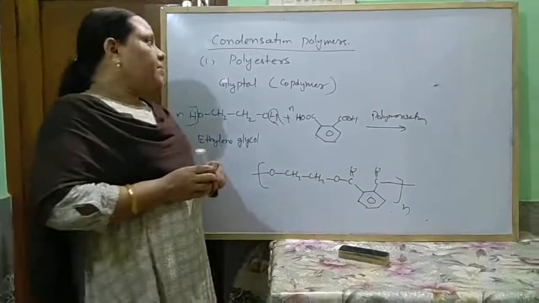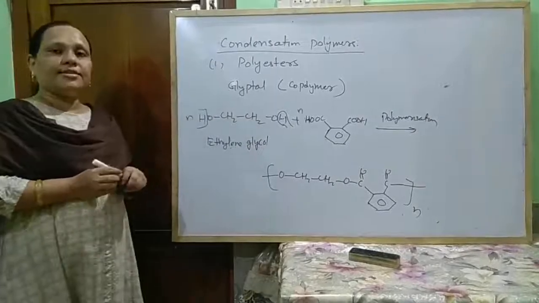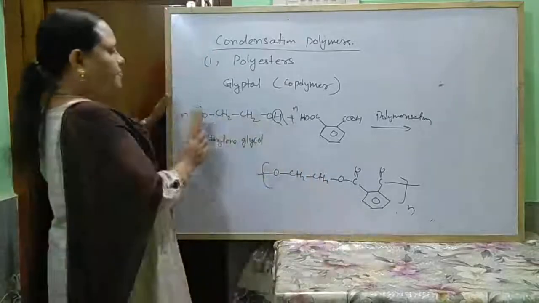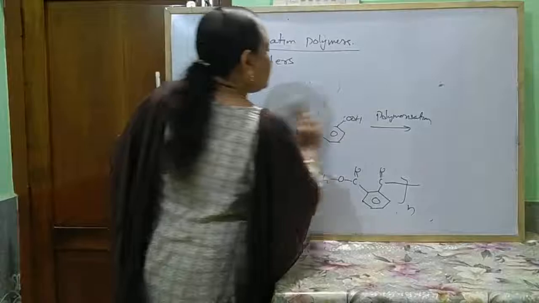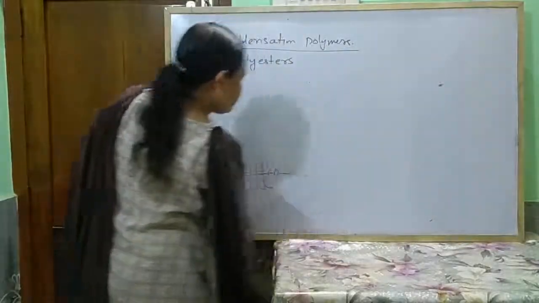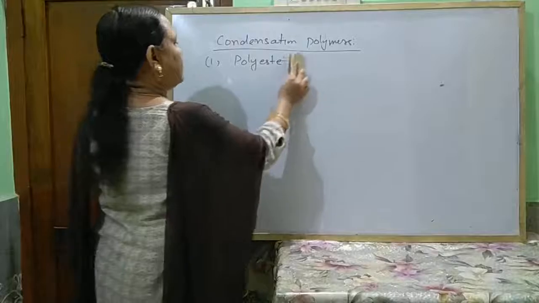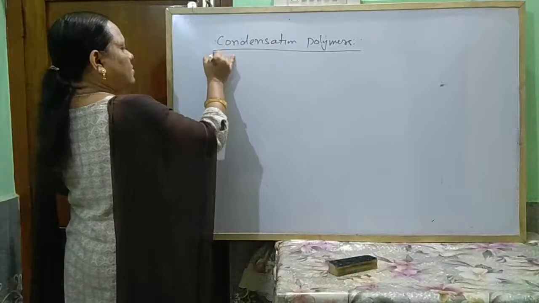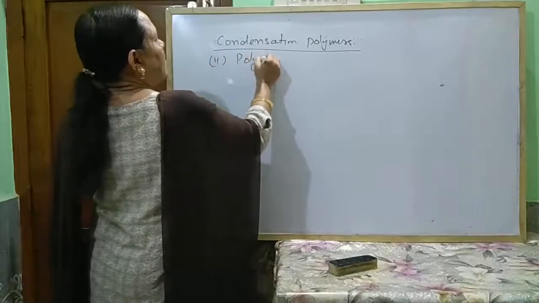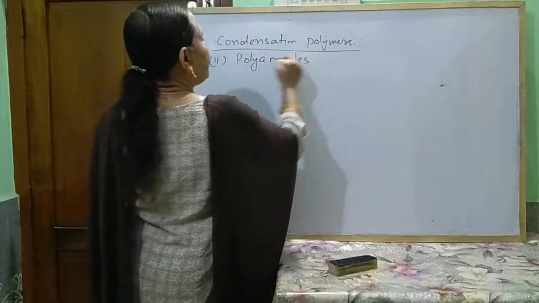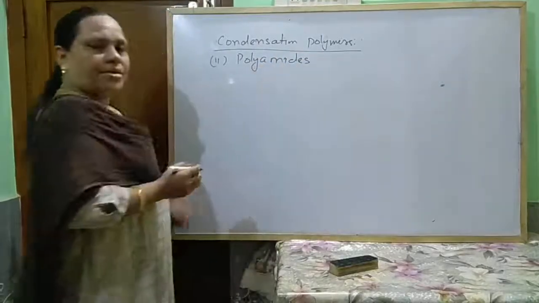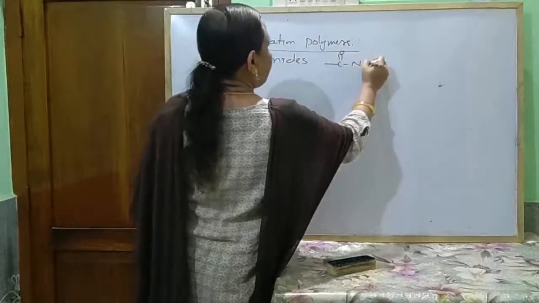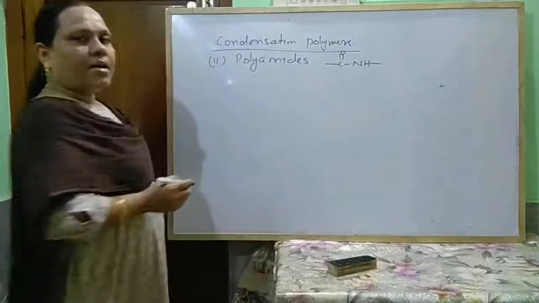Next come to another type of condensation polymer that are known as your polyamides. These are called amides because they have amide linkage, like our natural protein, they have amide linkage.